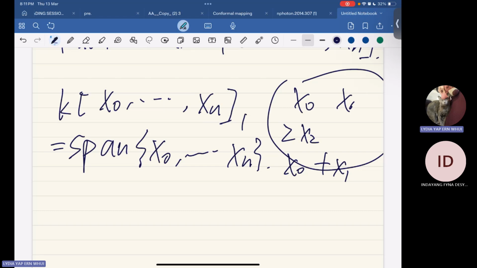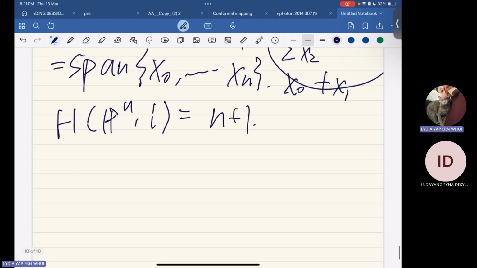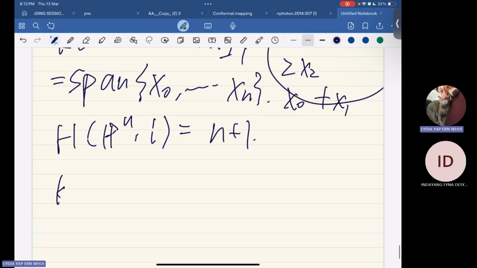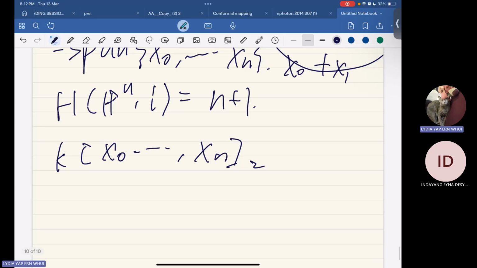So by our definition of the Hilbert function, H_{Pn}(1) is just n plus 1, right? This is the definition. Also, if we consider the next graded piece, the second one, what does it contain?